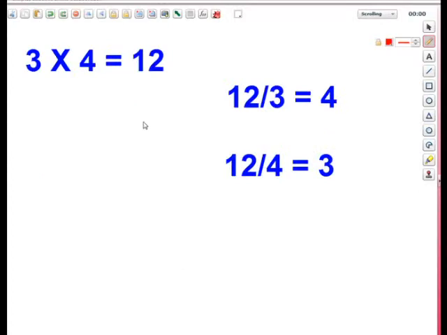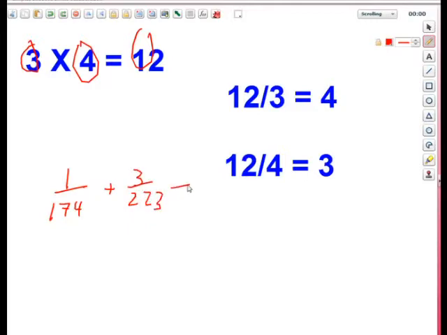Okay? As you can see, if you multiply 3 times 4, you get 12. You divide 12 by 3, you get 4. You divide 12 by 4, you get 3. So anytime, it doesn't matter what our denominator is. Suppose you've got 1 over 174 plus 3 over 223. Is it difficult to find a common denominator for that? Not really. All we do is multiply it by a form of 1.